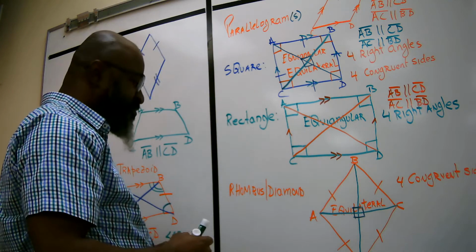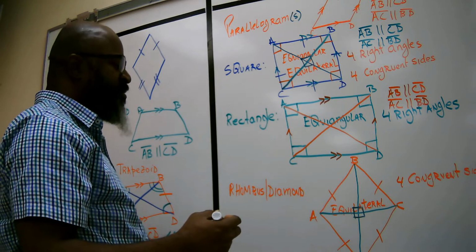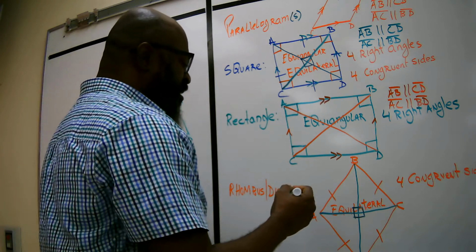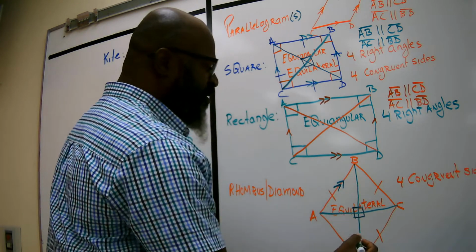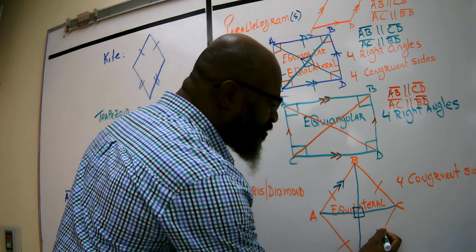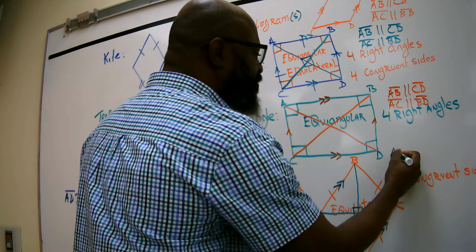The diamond also is a parallelogram. Therefore, AB will be parallel to CD in this case.